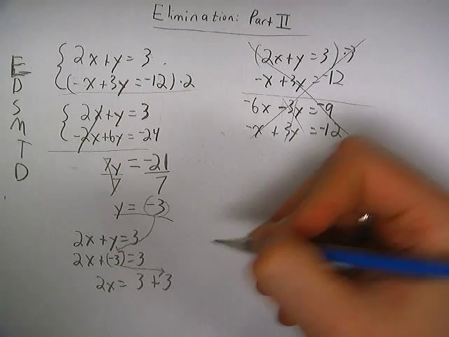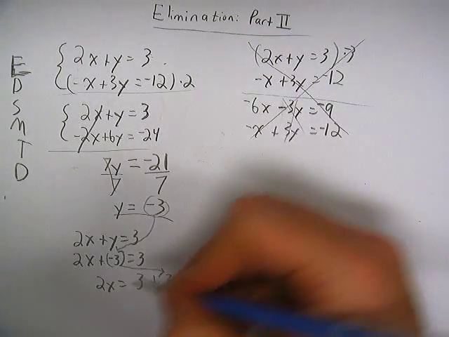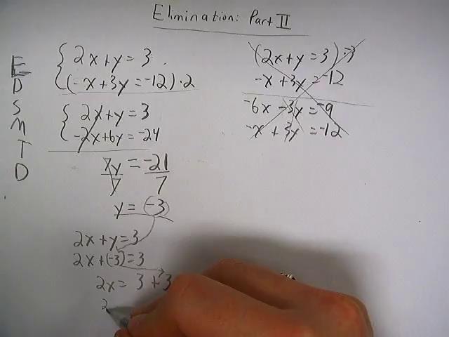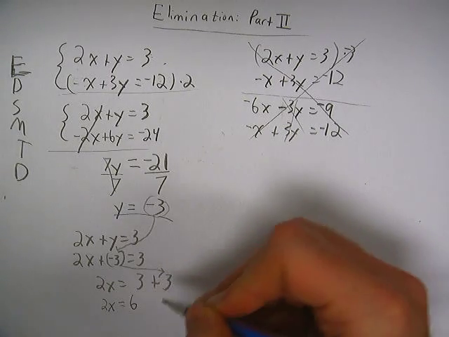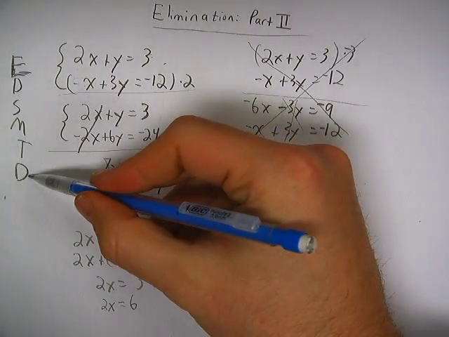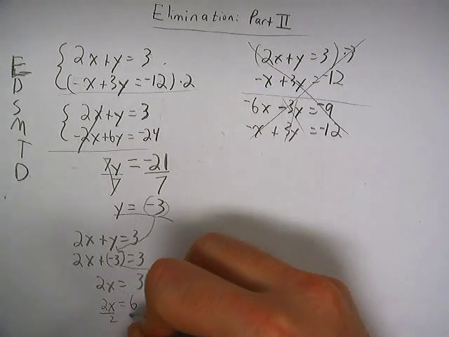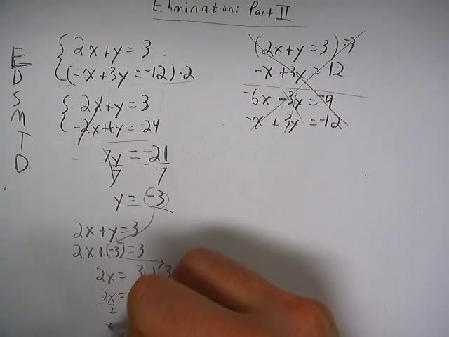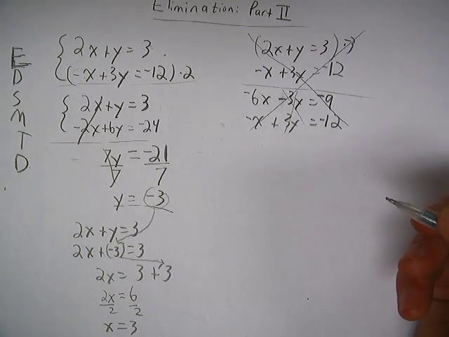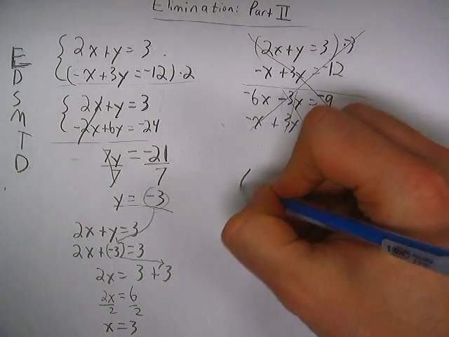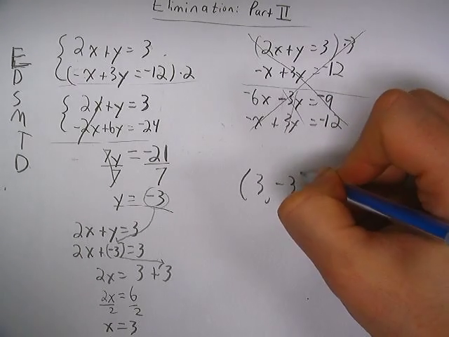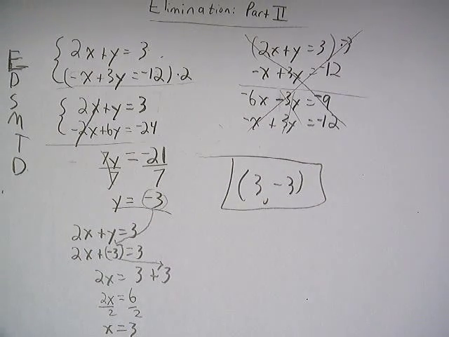That one went there. Changes signs when you transpose. Go ahead and clean that up. Gives me 2x equals 6. And my last step, D, divide by 2, gives me x equals 3. And once again, we write our answer as the coordinate pair (3, -3). And we are done with that problem.